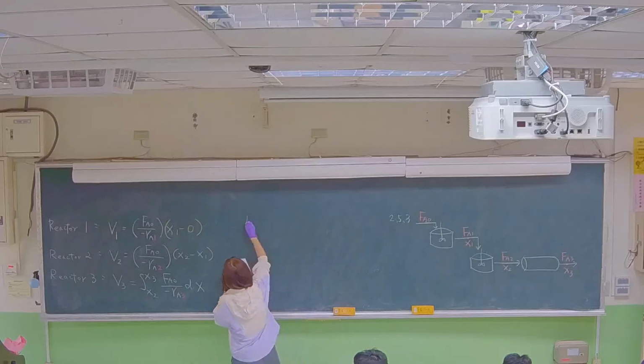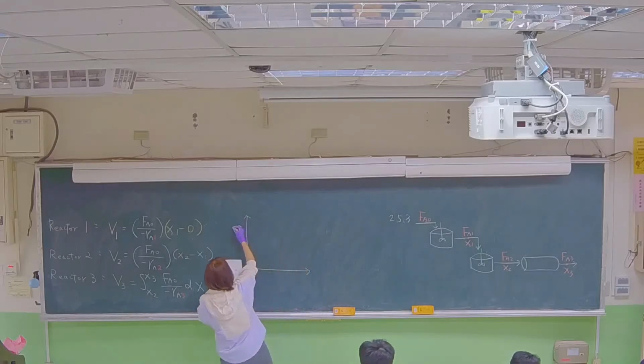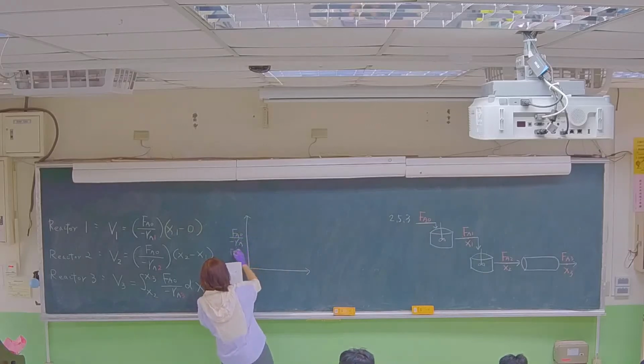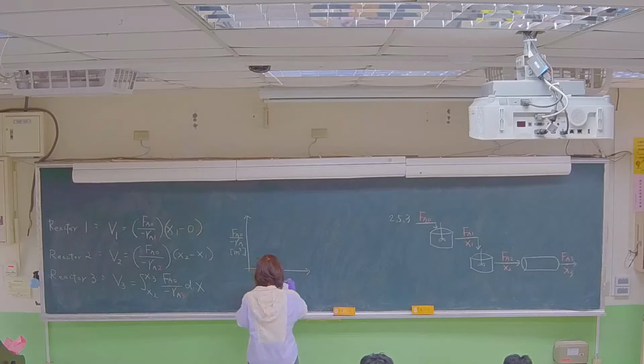For the figure, again, the y-axis is FA0 over minus RA, the reaction rate unit. The x-axis is conversion.